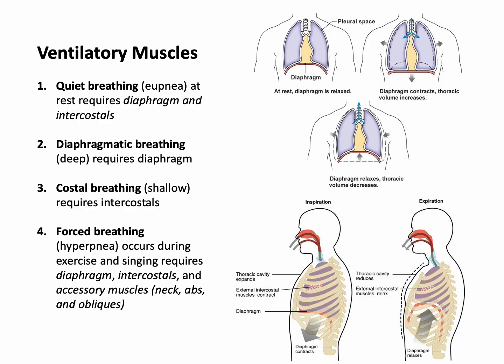Now, if you need to breathe in a lot more, forced breathing, hyperpnea, singing, exercise, well, the diaphragm and intercostals are going to work to their maximum, but you can also rely on other core muscles to provide even more space and more stabilization to allow a bigger breath, right?